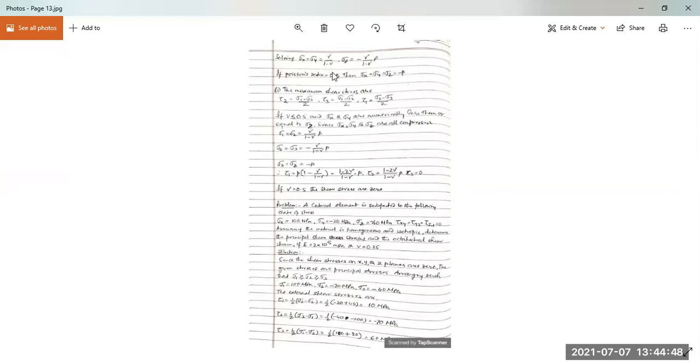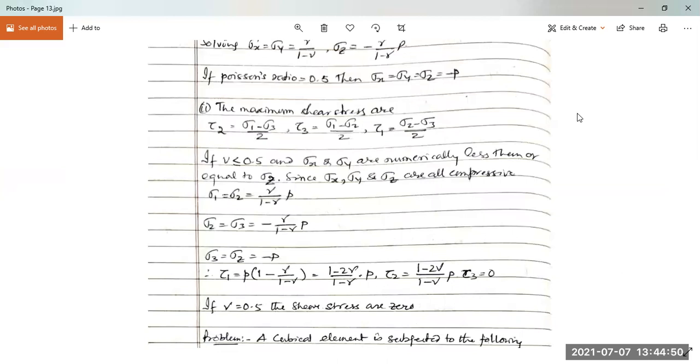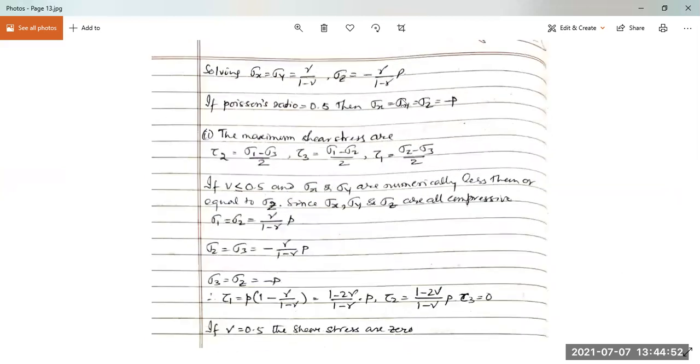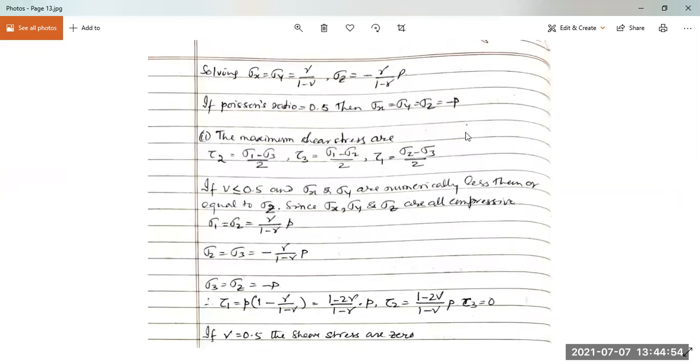Solving this, what we got: sigma x is equal to sigma y, equal to minus gamma divided by 1 minus gamma, times sigma z.